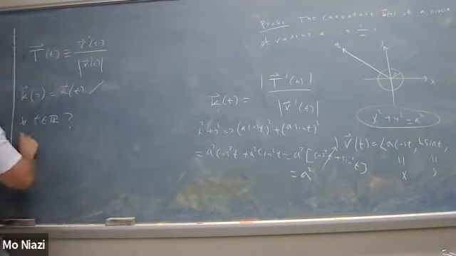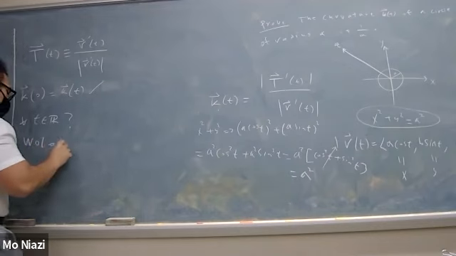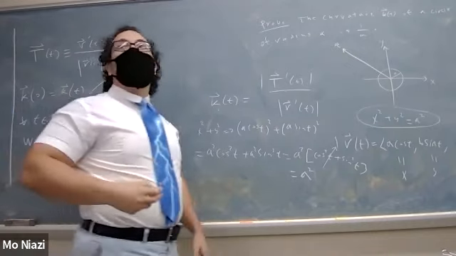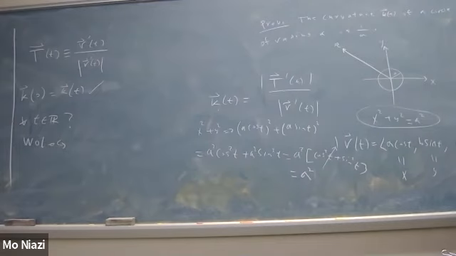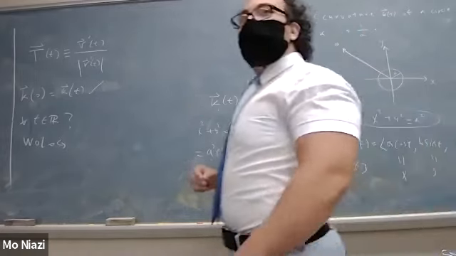So WLOG, we can just show it for kappa of 0. WLOG. Who here knows what WLOG stands for? Sounds like Klingon. Nope. WLOG stands for without loss of generality.